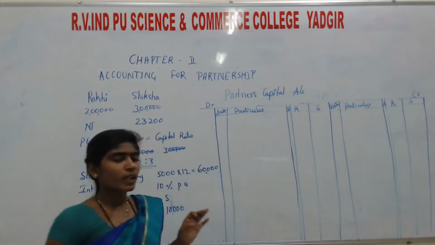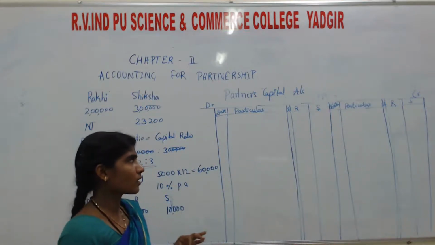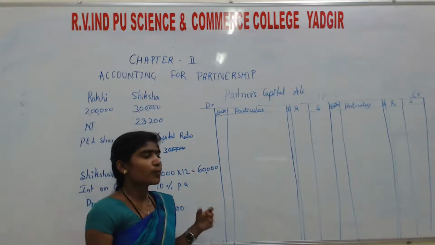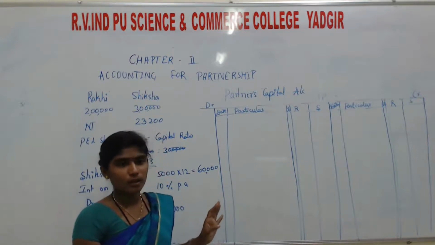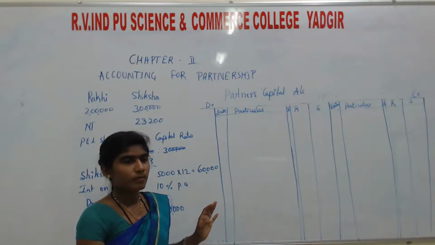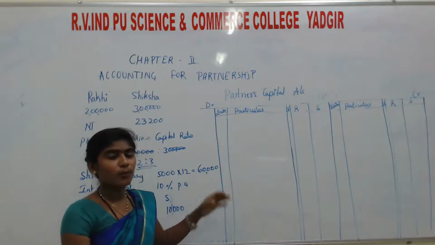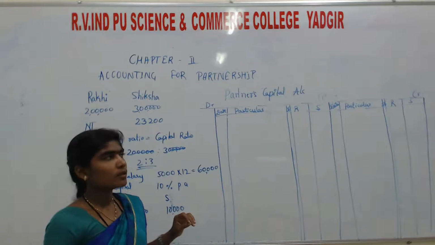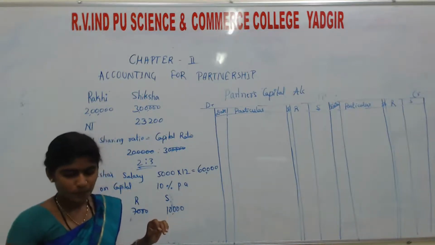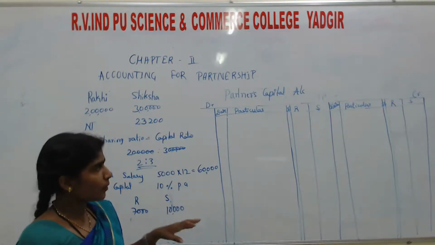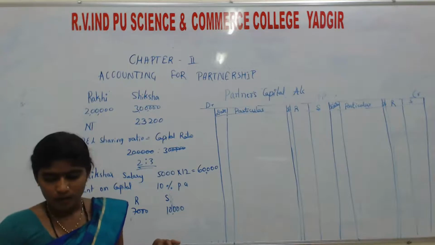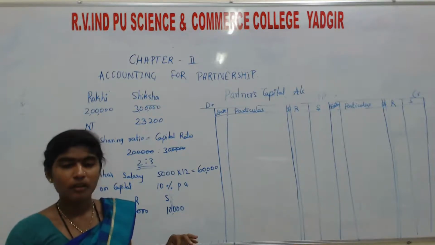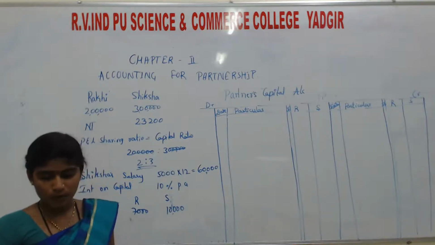Okay. In the profit and loss appropriation account, profit arose or loss occurred. You have to transfer that profit or loss to the partners' capital account now. So in the profit and loss account, they suffered a loss, no?